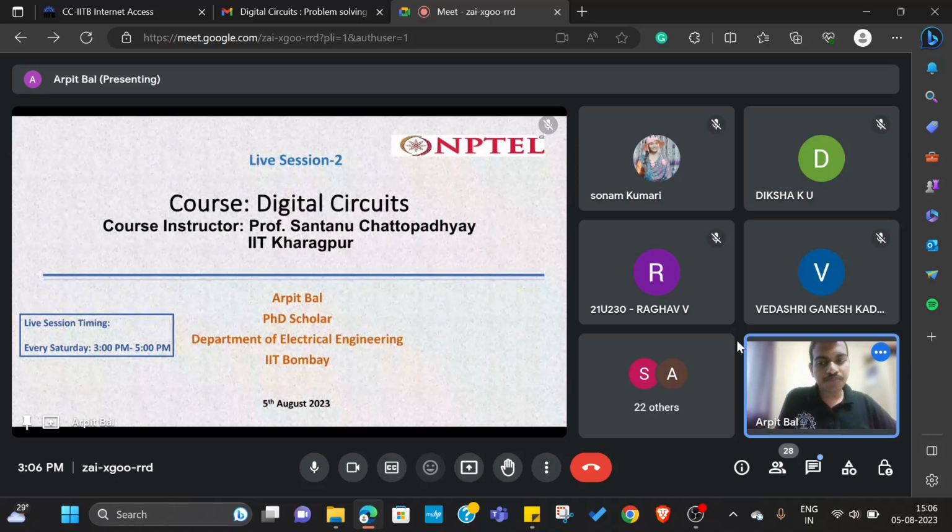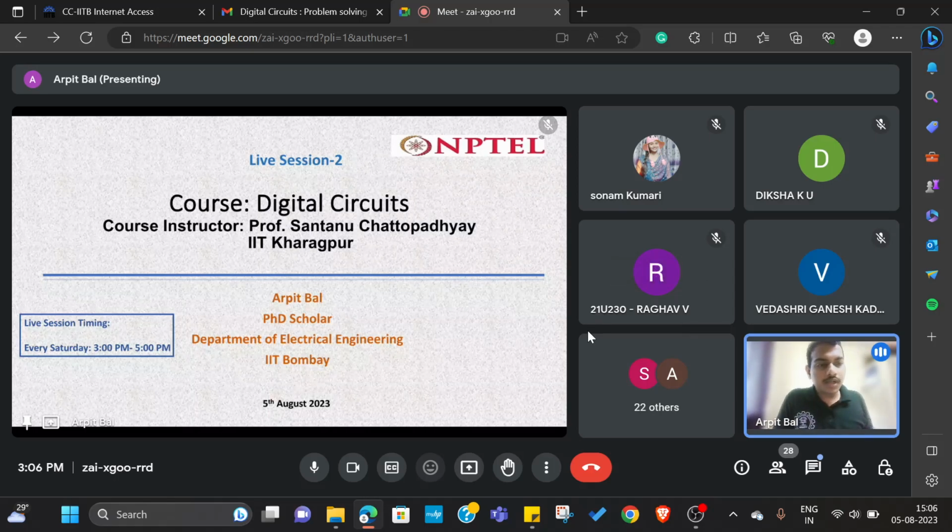In today's session, we are going to focus on floating point numbers and introductory Boolean algebra. My name is Arpit Bal. I am a PhD scholar at the Department of Electrical Engineering at IIT Bombay. So let's start the course.